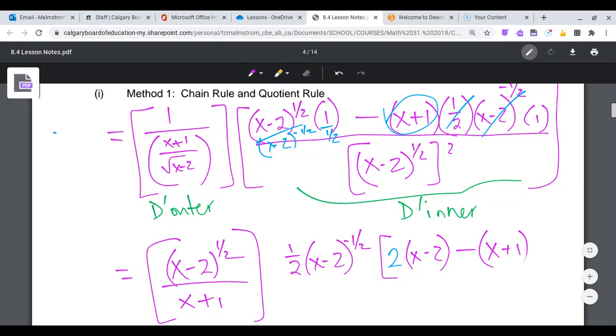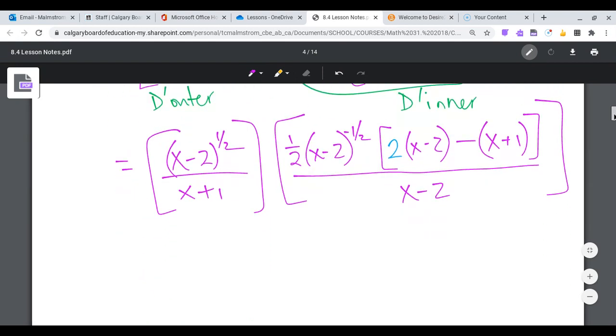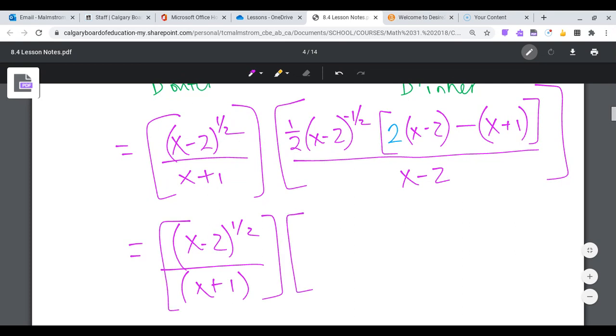Okay, brackets. And we still have this bottom piece. Now, when you square that, you're going to get x minus 2. And what do we got left? So let's expand out that bottom. And what do we get here? So we're going to have 1/2. This is a negative exponent, so it could actually go to the bottom. And this would leave me with 2x minus 4 minus x minus 1.